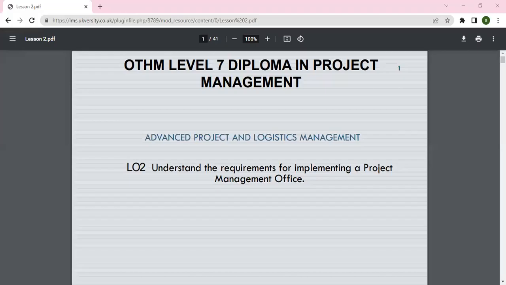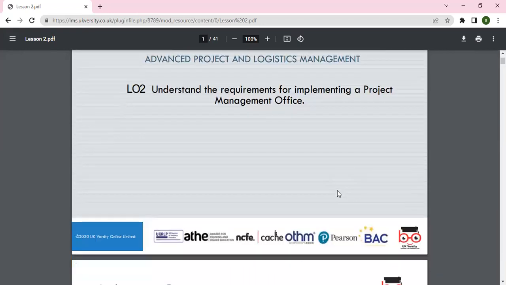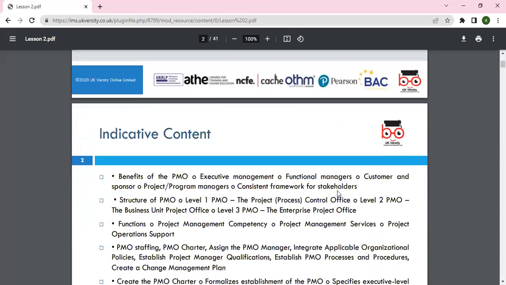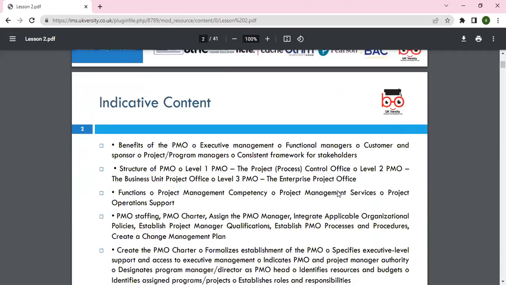Okay, so lesson 2 slides, please. Understand the requirement of implementing the project management office. That will be in our discussion. And it's always good to download, and I'll share with you next lesson the manual of MS Project, Microsoft Project. The benefit of a PMO to executive management and functional managers.